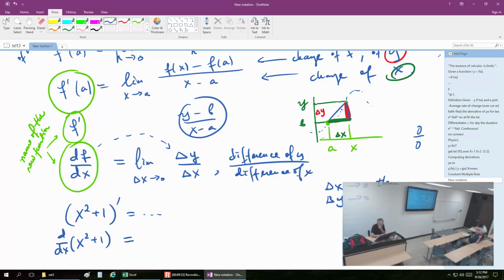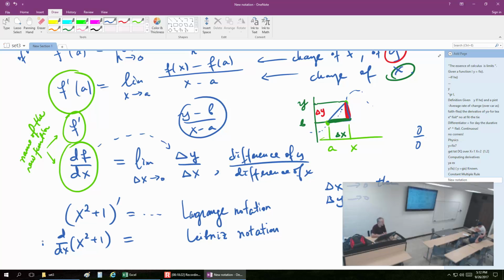Incidentally, this is Lagrange notation, and the other one is Leibniz notation. That notation is older. It goes all the way back to the origin of calculus, and Newton himself had a different notation.